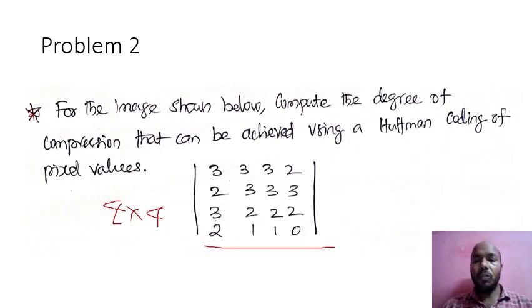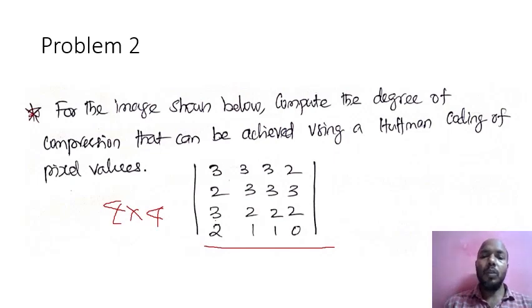That is the frequency of that particular number. We should not get confused: frequency here means how many times a particular pixel value is repeated, that is, the number of occurrences. So what is the number of occurrences of 0, 1, 2, 3? From that you can calculate the probability values.